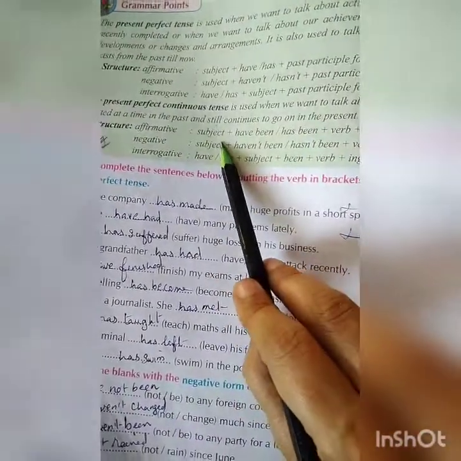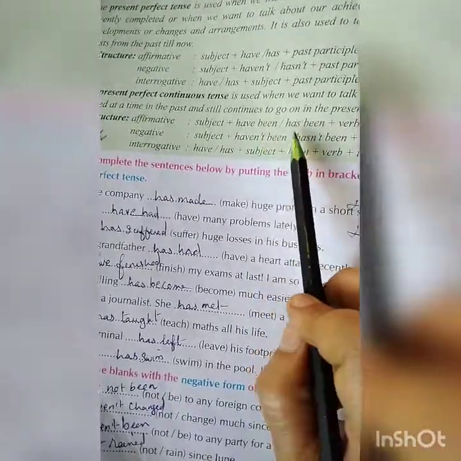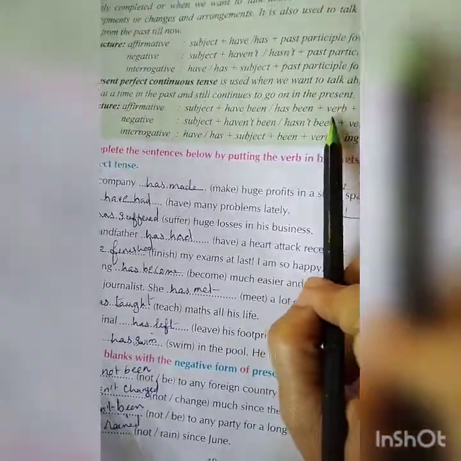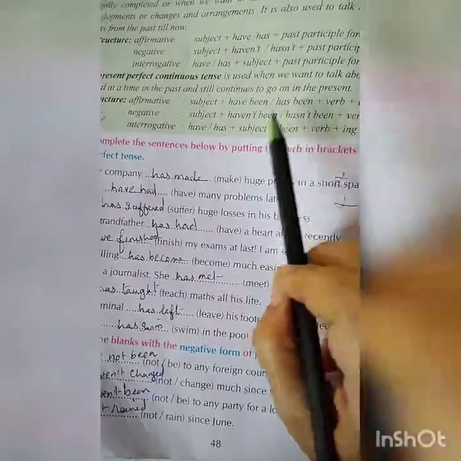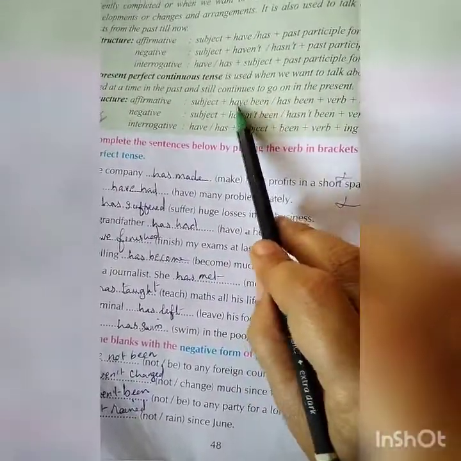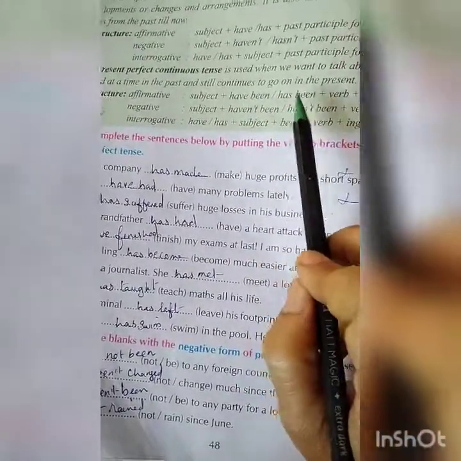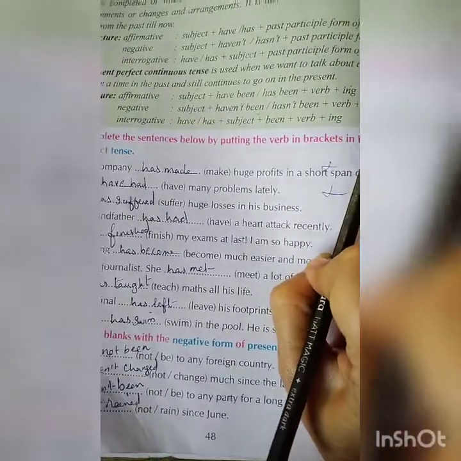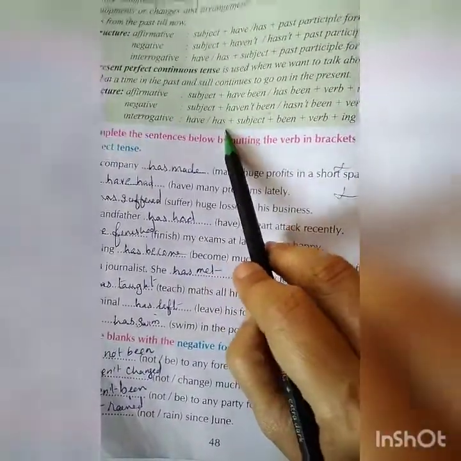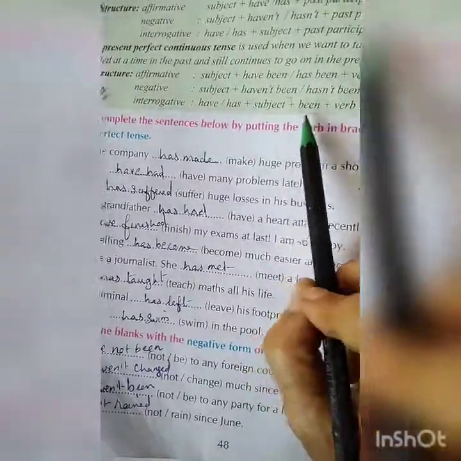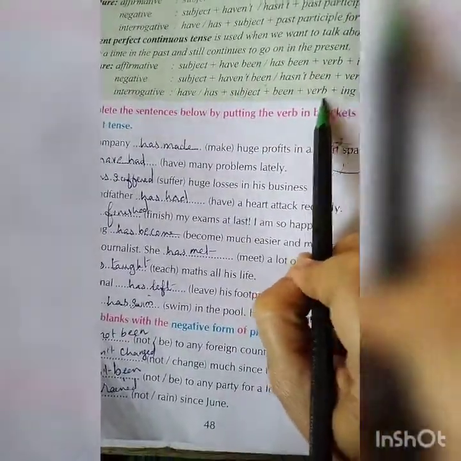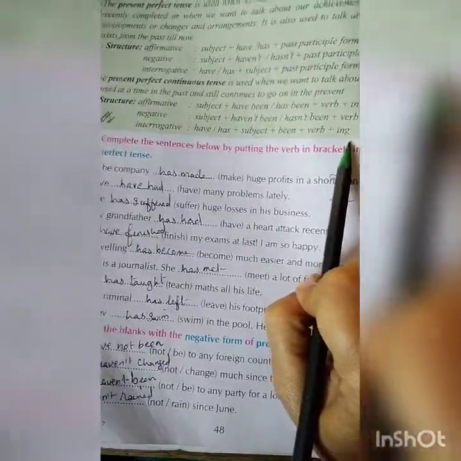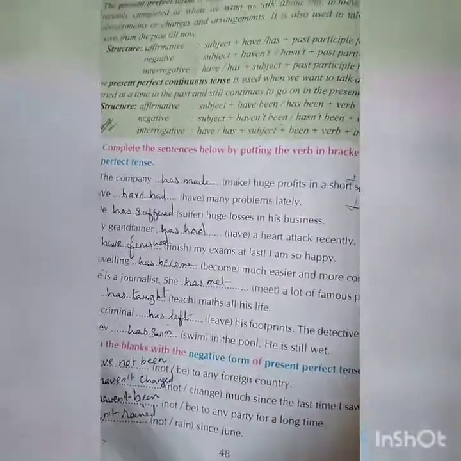Affirmative: subject plus have been or has been plus verb plus ing. Negative: have not been, haven't been, hasn't been plus verb plus ing. Interrogative: have or has plus subject plus been plus verb plus ing form.